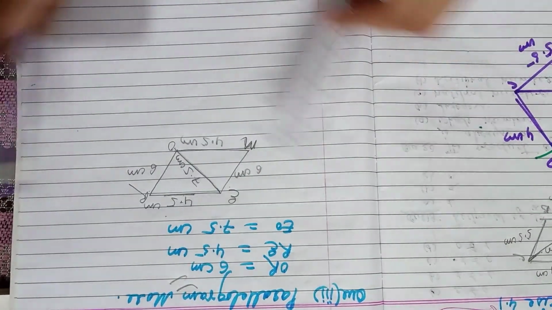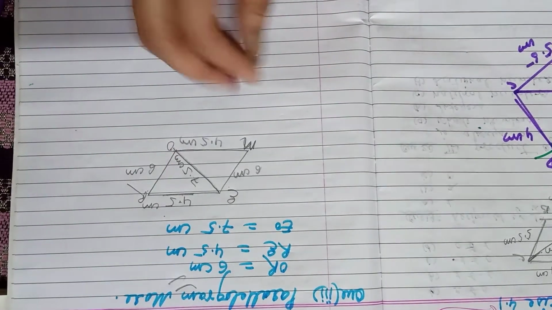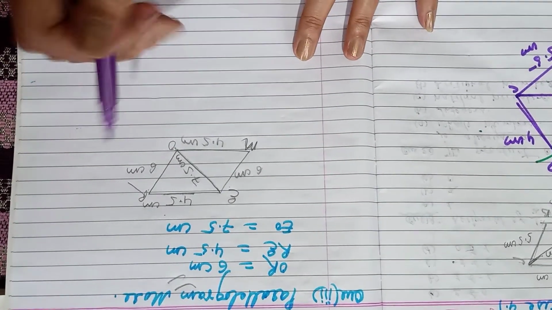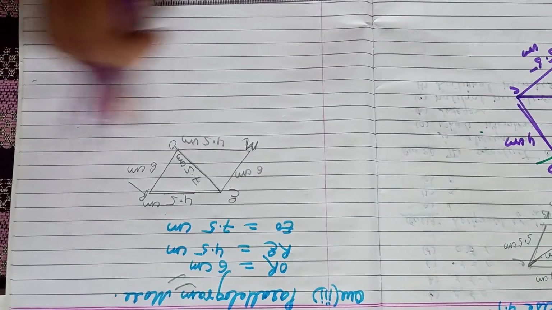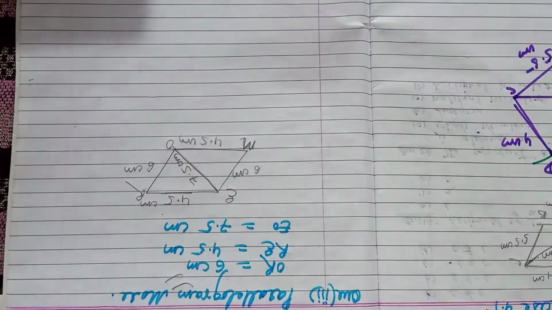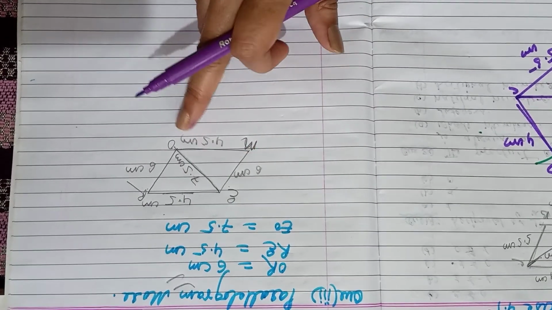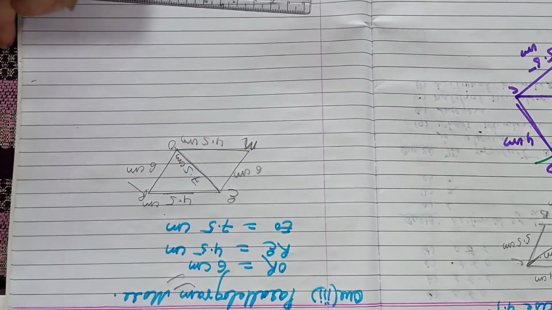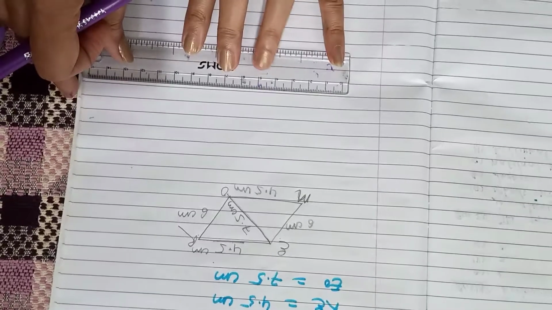So in this type first we draw the rough diagram. It is easy to then draw your fair parallelogram MORE. Whenever the lengths of four sides and a diagonal are given, first we draw the diagonal. So first I am drawing EO.